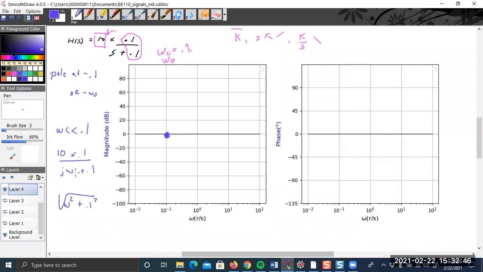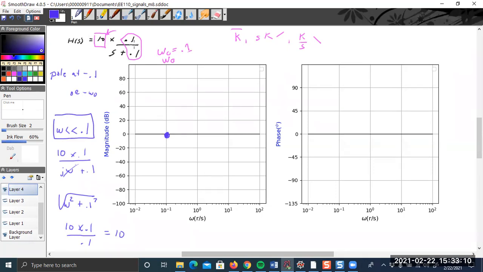But I don't have to get that far yet. If this is so much smaller than that, this drops out, and I get 10 times 0.1 divided by 0.1 equals 10.